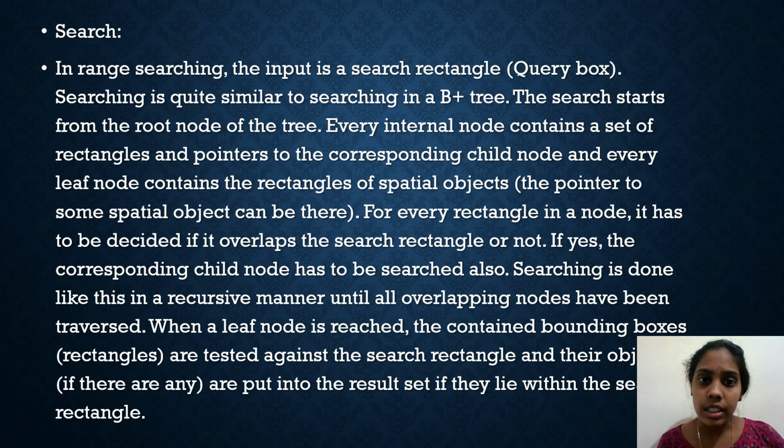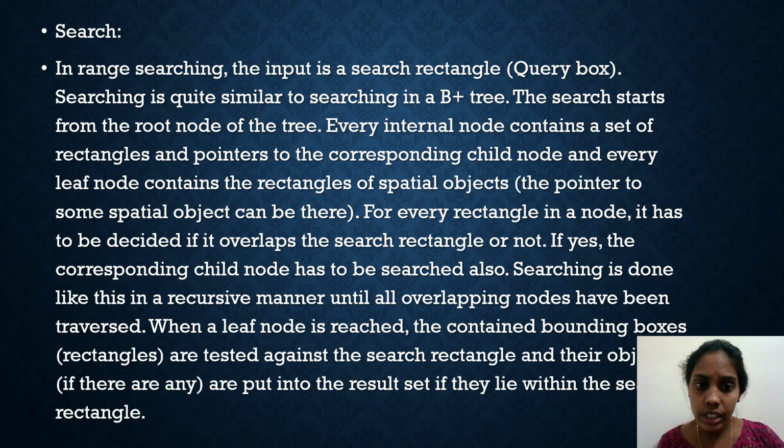In range search, the input is the search rectangle, the query box. Searching is quite similar to searching in a B plus tree. Search starts from the root node of the tree. Every internal node contains a set of rectangles and pointers to the corresponding child nodes, and every leaf node contains the rectangles of spatial objects. For every rectangle in a node, it has to be decided whether it overlaps the search rectangle or not.